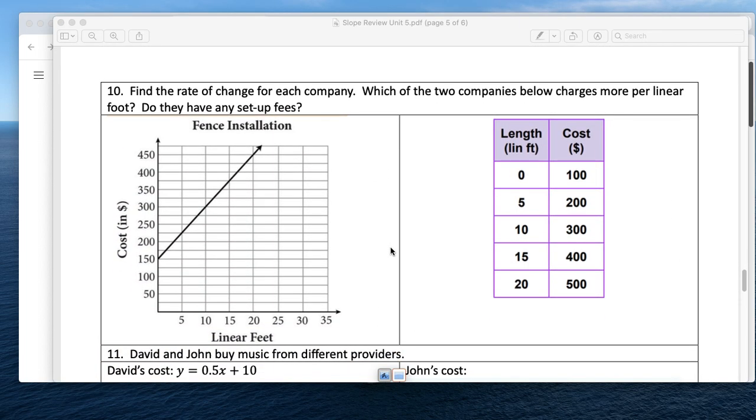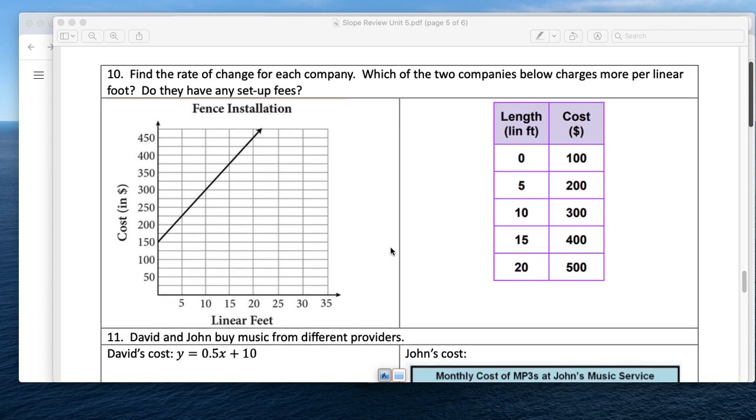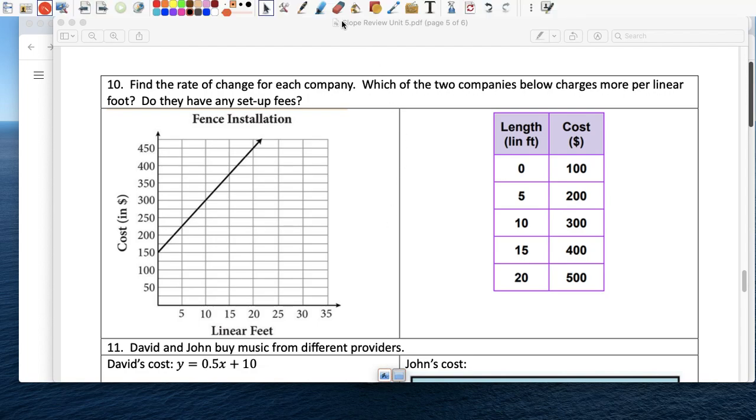Find the rate of change for each company. Which of the 2 companies below charges more per linear foot? Do they have any setup fees? Let's find the slope for this one. Fence installation. So slope, let's pick 2 points. One point right here, that's 0 and 150.